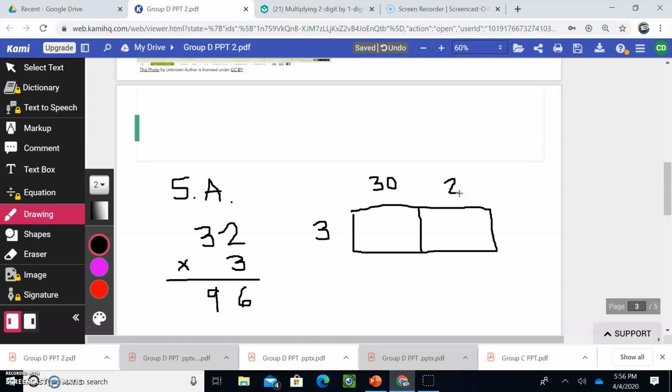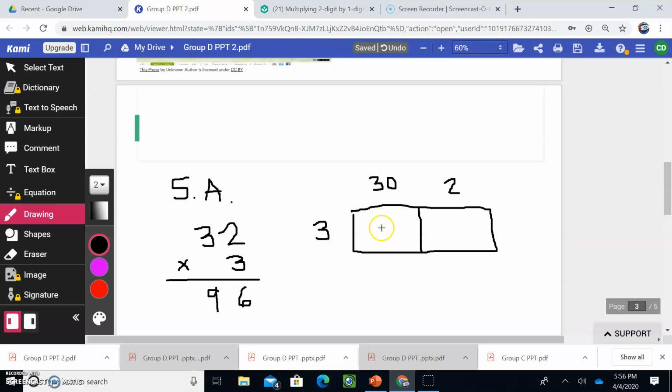So they're breaking down this multiplication problem, saying, what is 3 times 2? And what is 3 times 30? That's basically what we did with the standard algorithm, but they're using a length times width area model, a visual representation to show you that.